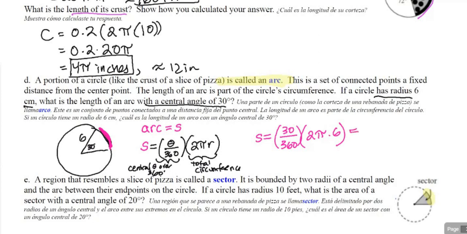So this is equal to 30 over 360 times 12 times pi, which, would you believe it, is just pi. 30 is a very special angle, and 6 in this situation is the perfect radius to show us that.